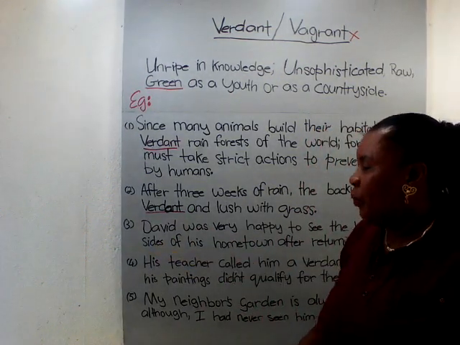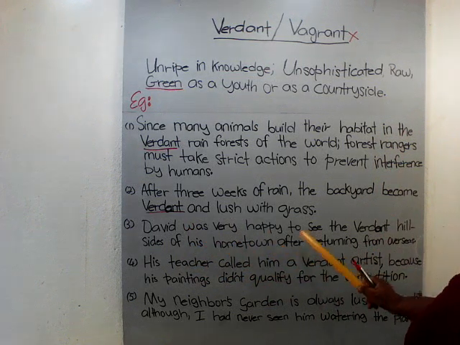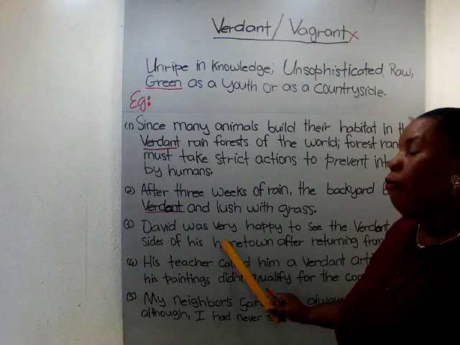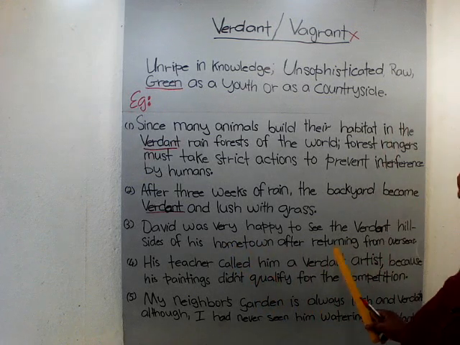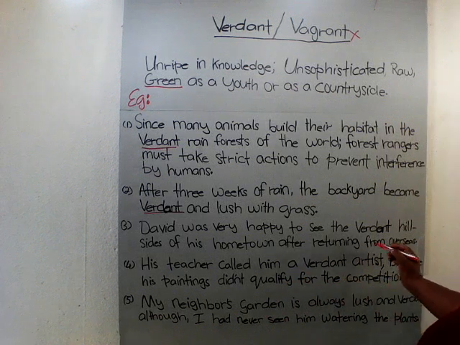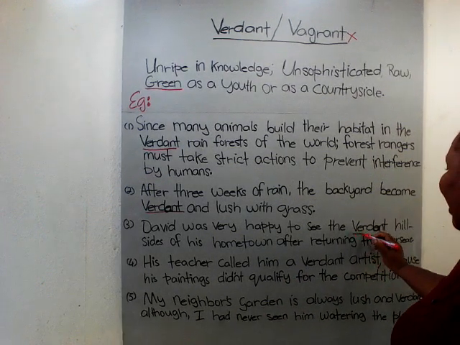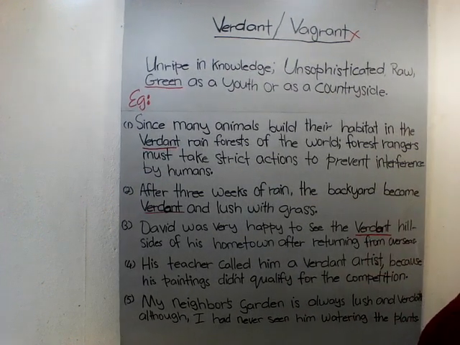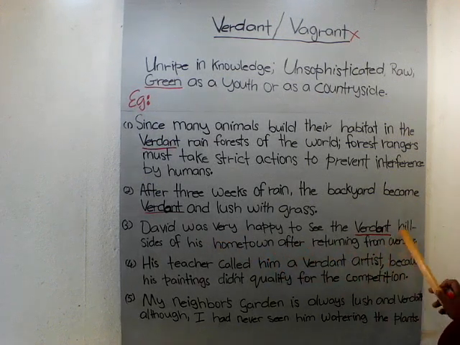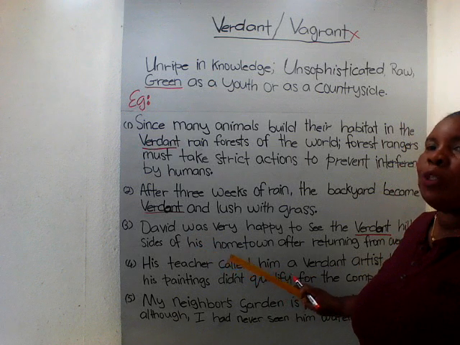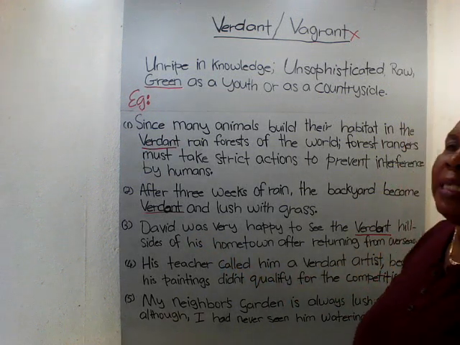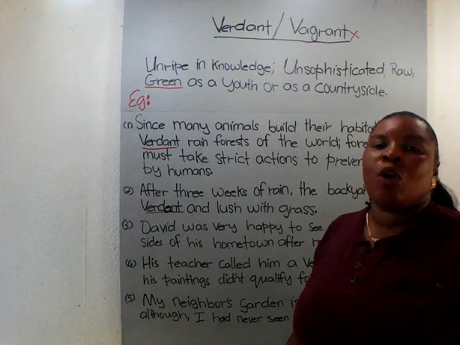Number three. David was very happy to see the verdant hillsides of his hometown after returning from overseas. So here we have a description of the hillside. So the hillsides are what?